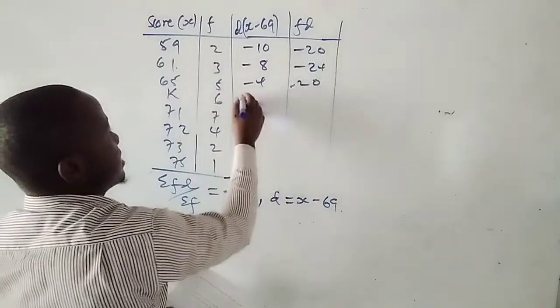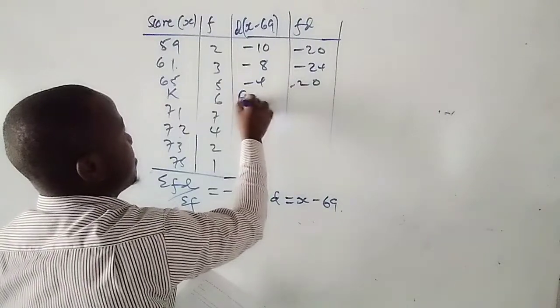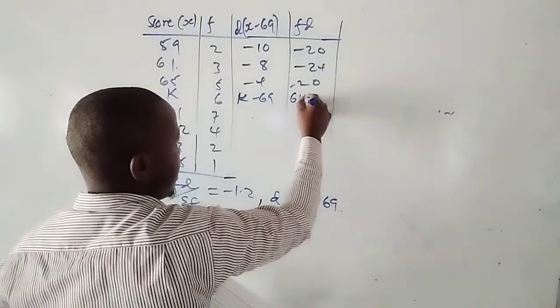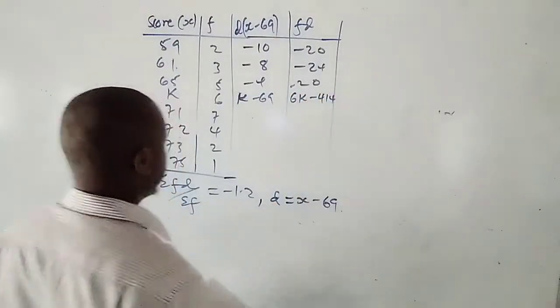K minus 69 we get K minus 69. So K minus 69 by 6 we get 6K minus 414.